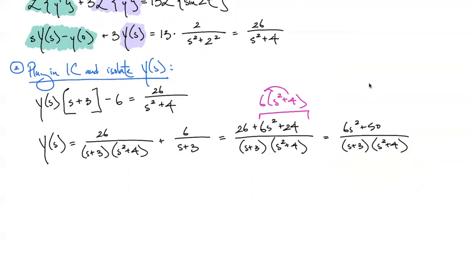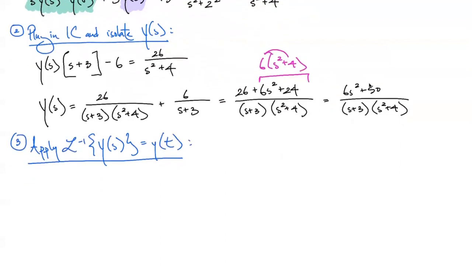All right, so now we are ready to read our table backwards, right? And we are going to apply the inverse Laplace of Y of s, which will give us our solution in t-land.